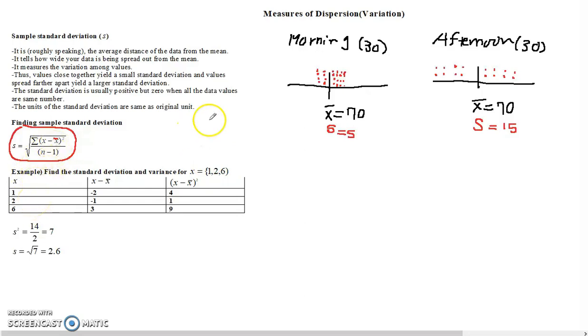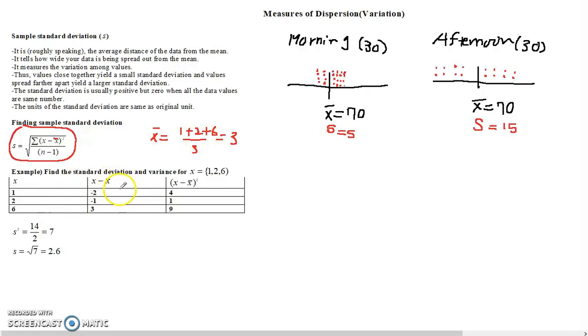Then we are going to compute x minus x bar. The x bar is simply 1 plus 2 plus 6 divided by 3, which is just going to be 3. So that's what we did here for x minus x bar.